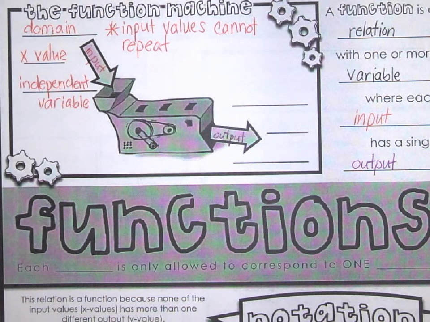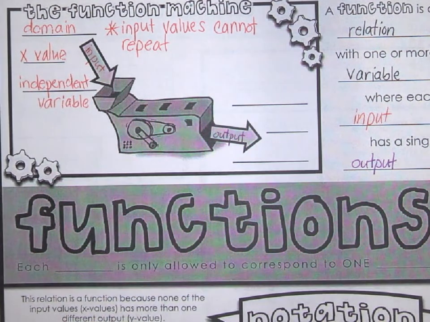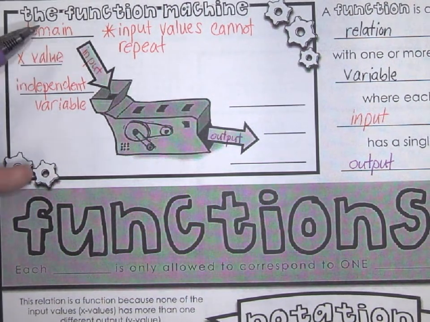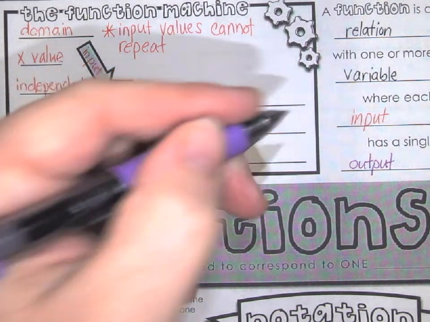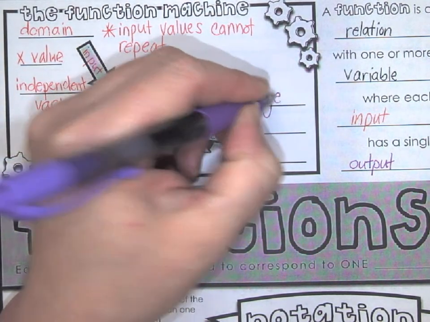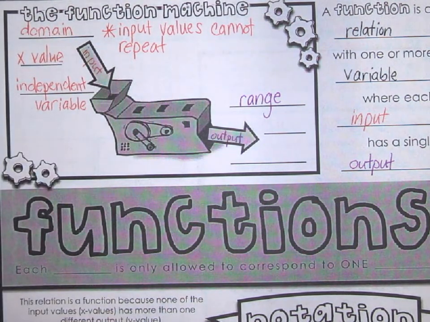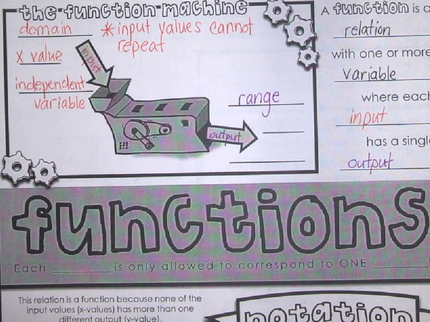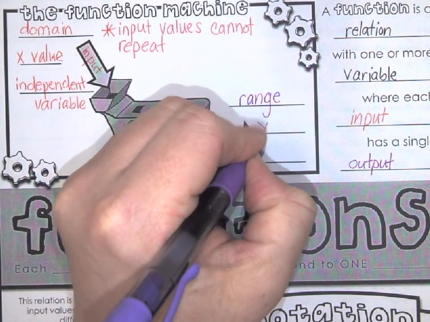All right, so the output is also going to have corresponding terms. So where the input was the domain, the output is your range. So domain and range go together. The input is domain, the output is range. These are going to refer to the y value.